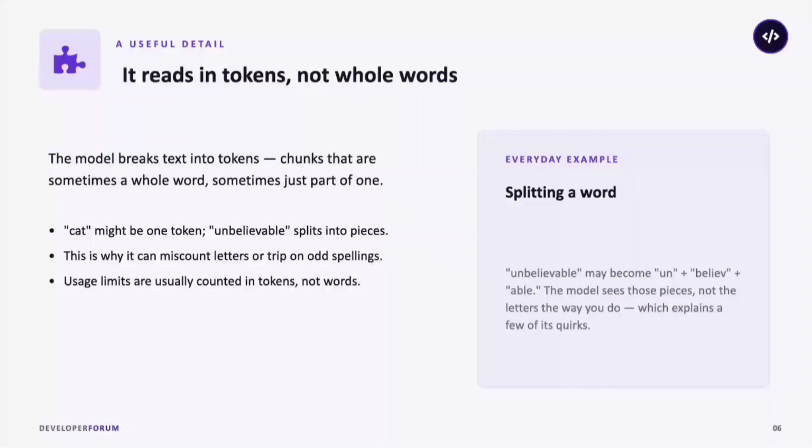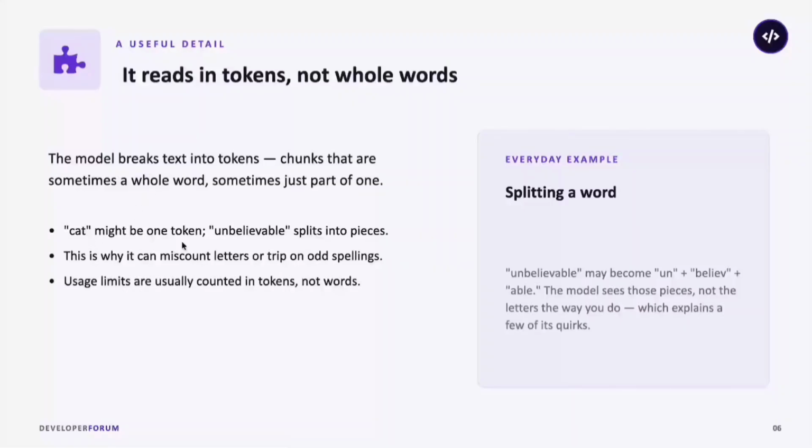One quick technical detail that clears up a lot of confusion: the model actually doesn't work with whole words, it works with tokens. So, what is a token? A token is a chunk of text, sometimes a whole word, sometimes just part of one. The word "cat" might be one token.